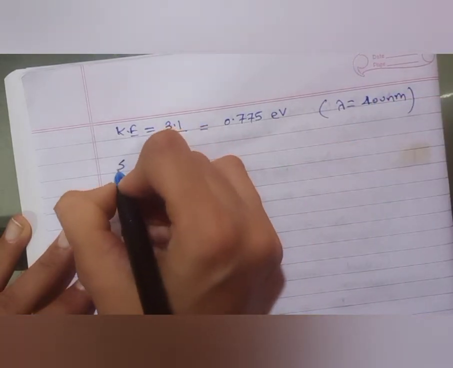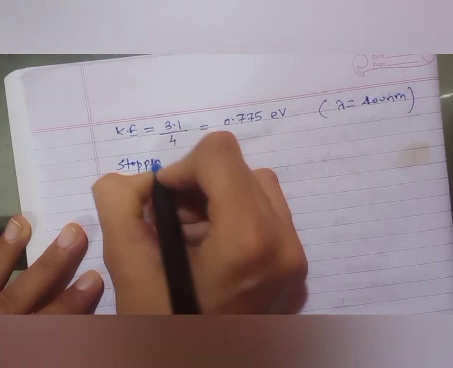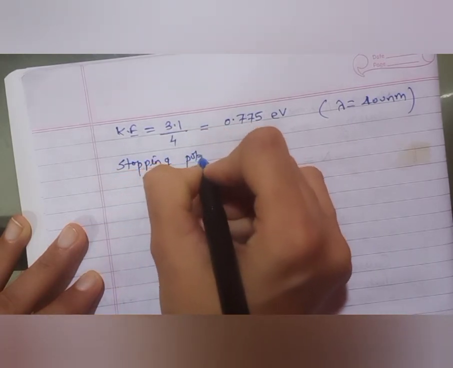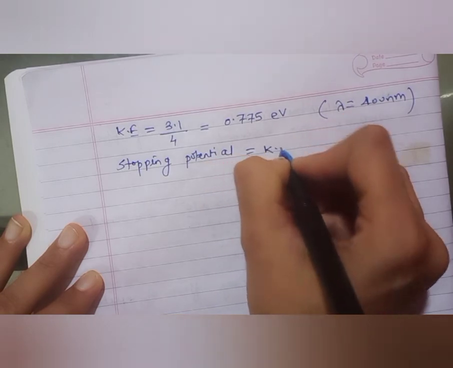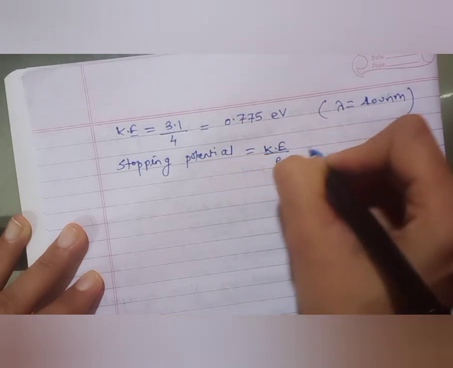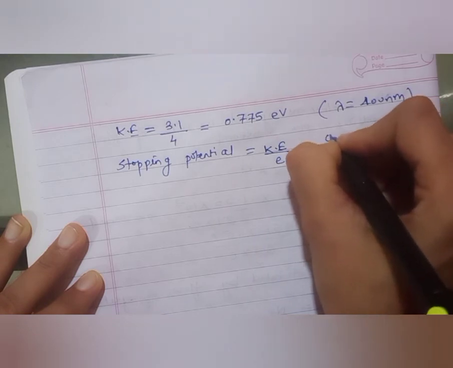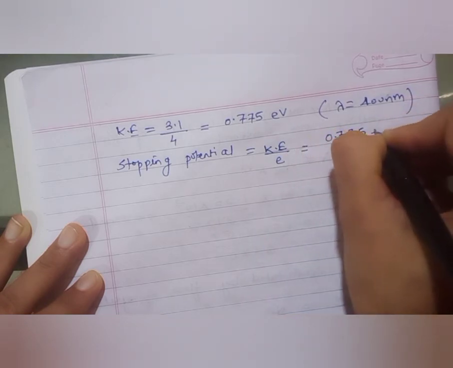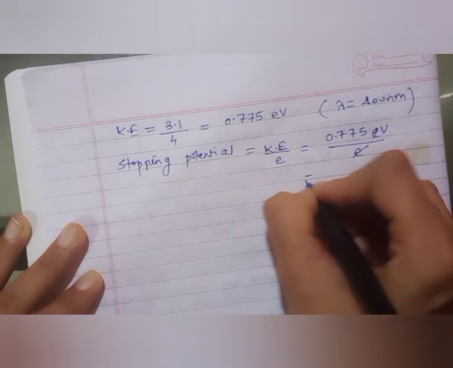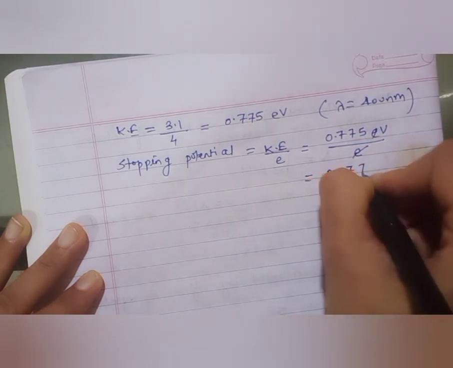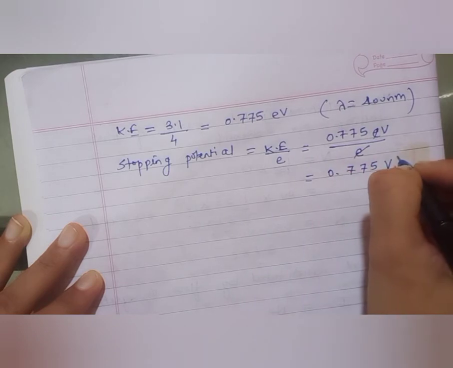Now what we have to find out is the stopping potential. So what is stopping potential? Stopping potential is nothing but kinetic energy divided by charge. So kinetic energy is 0.775 electron volt upon E. This E will get cancelled, so what we get is 0.775 volt.